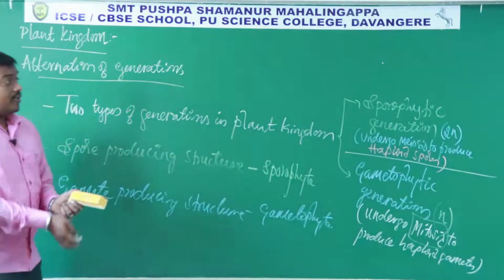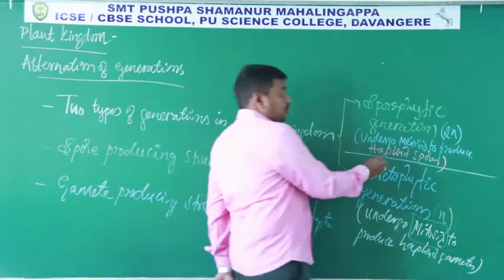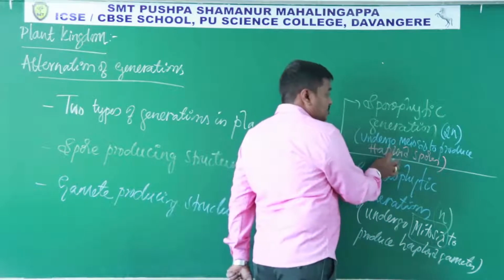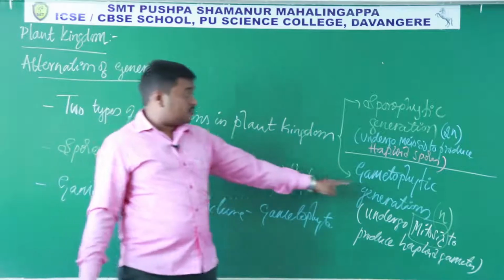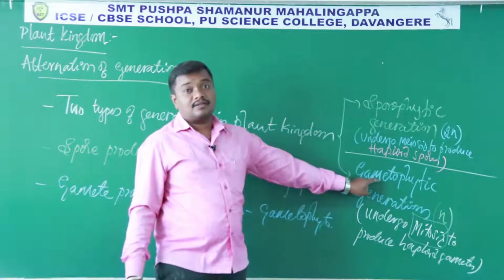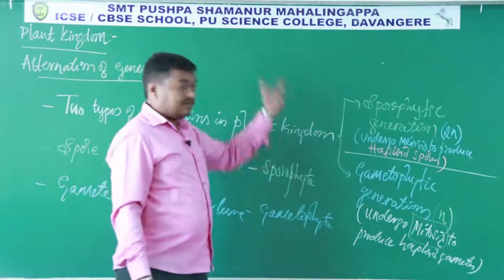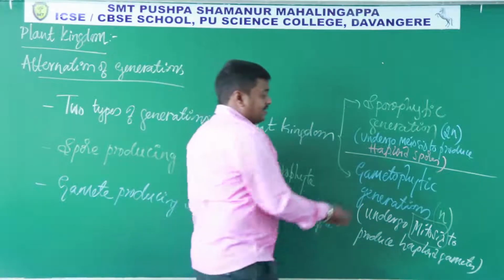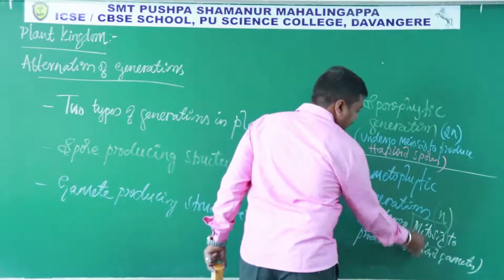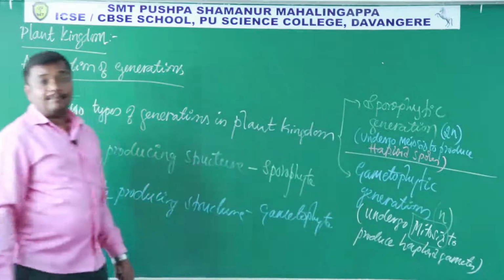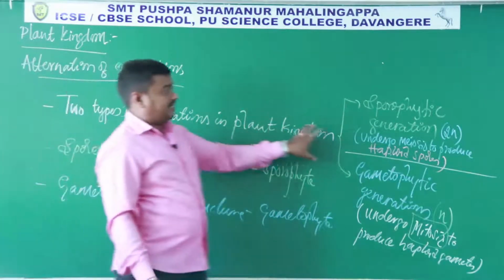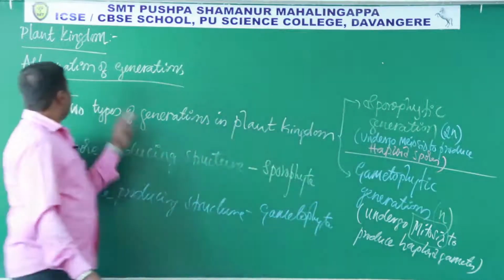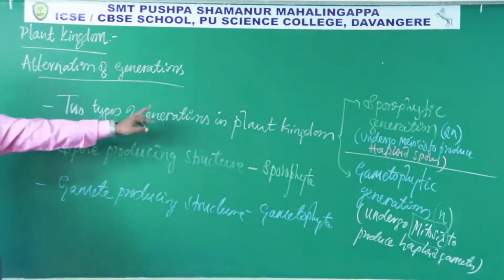The spores that come from the sporophytic generation undergo mitosis to produce the gametes. I will discuss it with respect to the cycle. Then the gametophytic generation undergoes mitosis to produce the haploid gametes. If you remember this perfectly, it is very easy to remember alternation of generation.